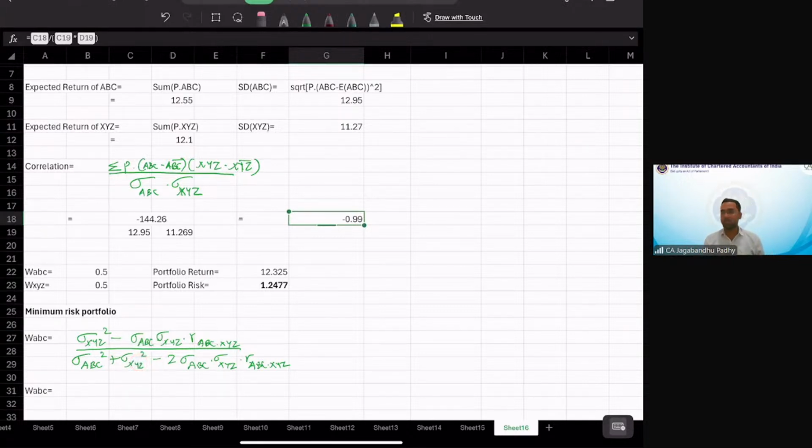Weightage of ABC: substitute in this formula and give me the weightage, guys.